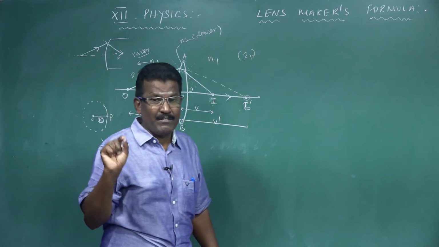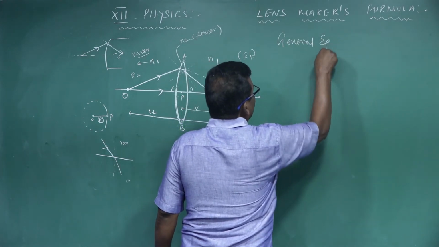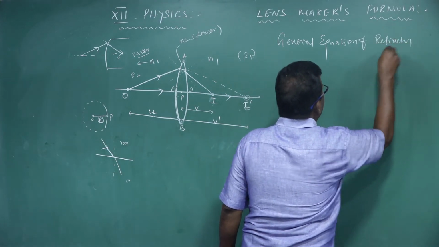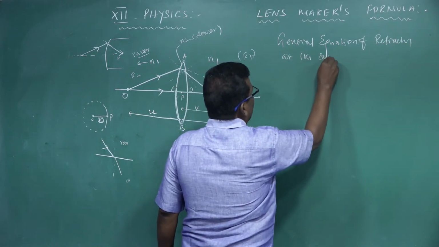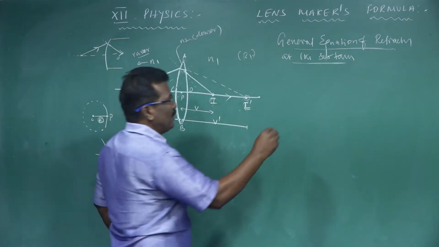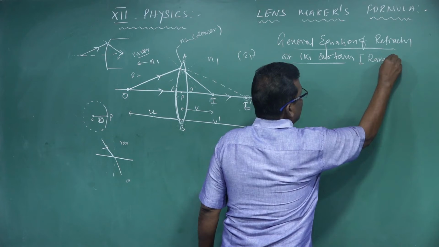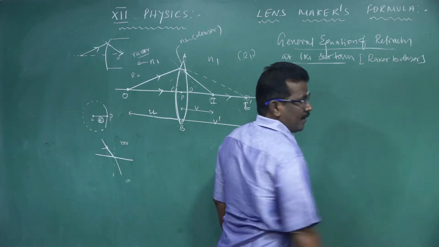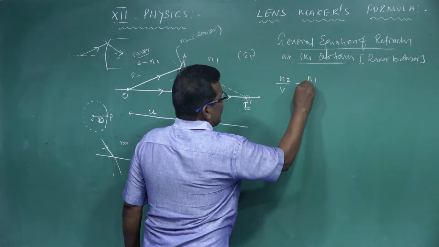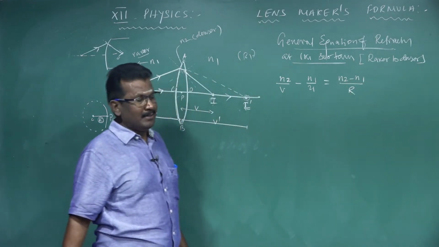So the general equation of refraction at any one surface, where light comes from rarer to denser, is N2 by V minus N1 by U is equal to N2 minus N1 divided by R. This is the general formula.